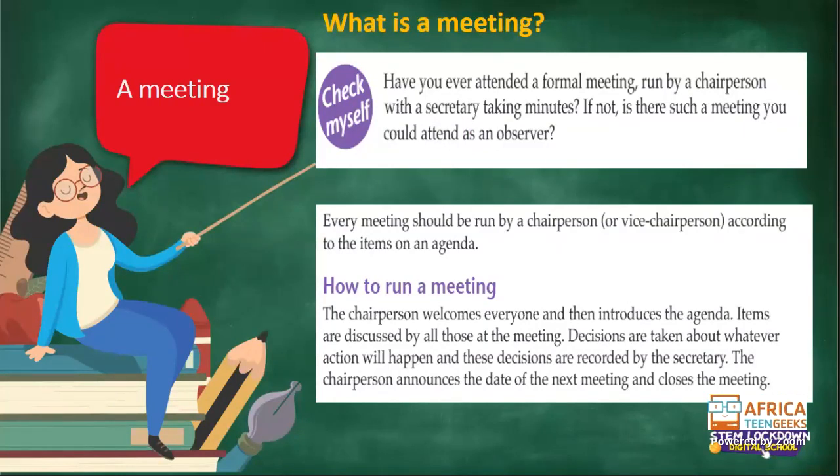Right. So we've all been to prefect meetings. We've all seen prefect meetings. We've all heard what happens in prefect meetings, and that's what we refer to. It's an example of a formal meeting, right? Every meeting needs to be run by a chairperson or a vice chairperson according to the items on the agenda. So in a prefect meeting, for all of those people who are not prefects yet or have not attended a prefect meeting, there's a board of executives, right?